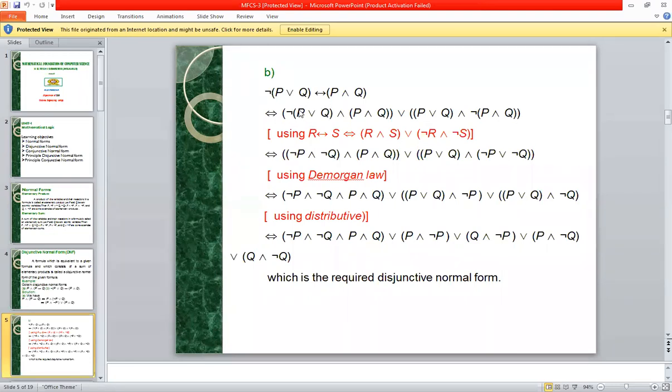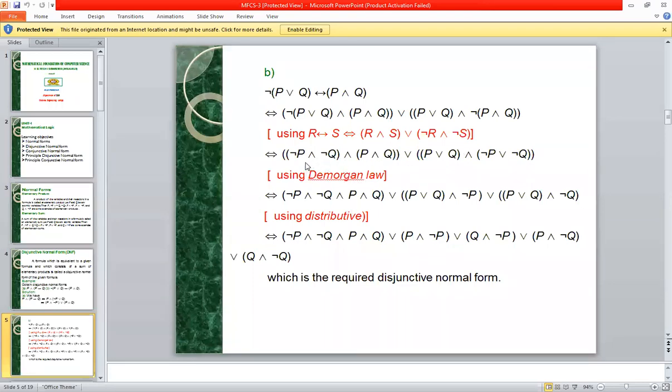What is De Morgan's law? The negation of (P or Q): the negation goes inside, becomes negation P, and changes disjunction to conjunction, so OR becomes AND. So negation P and negation Q, and the remaining part is the same: (P and Q) or (P or Q). For the last term we also apply De Morgan's law and get negation P or negation Q. So using De Morgan's law we get this formula.